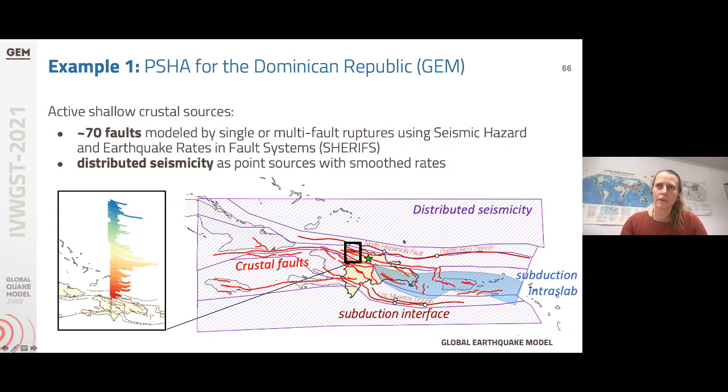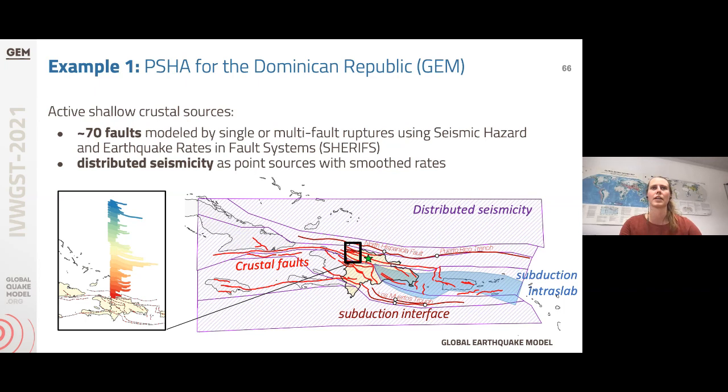So zooming in on the inset in black here, we're showing how each of these individual ruptures has linked together not only one fault segment, the short segment that's centered in this box, but also some of the different faults to the east and west that are close in proximity to each other.